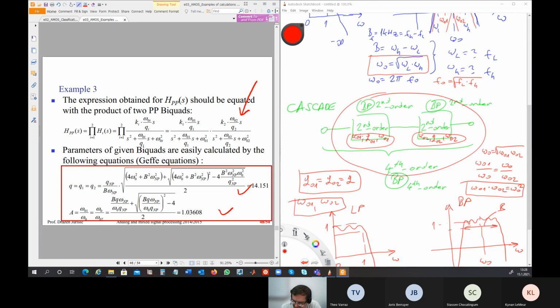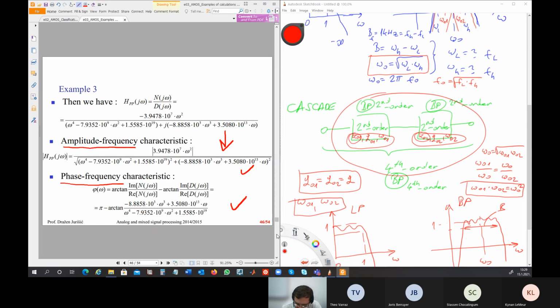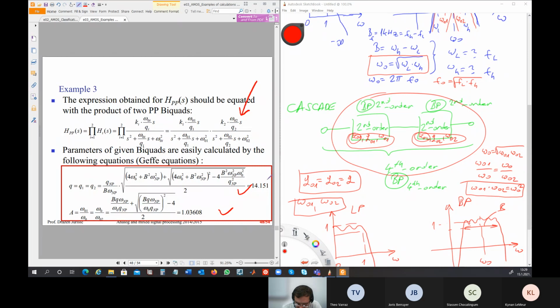But what is left is K01 and K02. This is also very simple to obtain. If you compare the numerators, then you see that K1 times K2 must be this. Here are omega 01 and omega 02, and K and Q is 14.